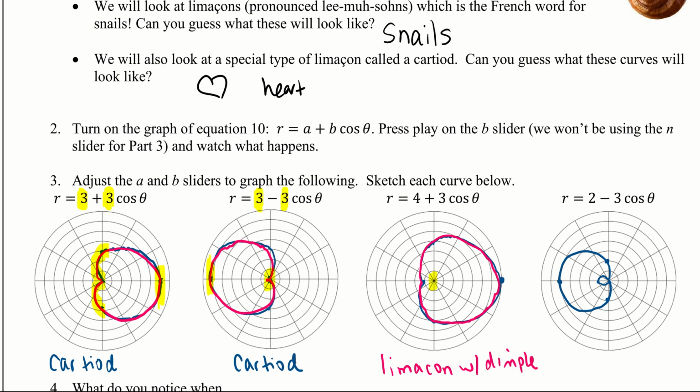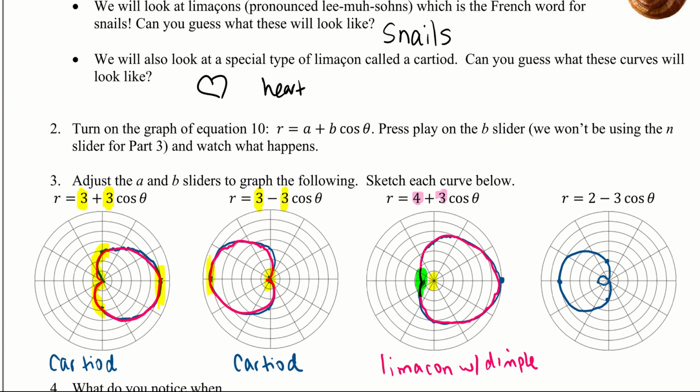The snail-shaped graph. Limaçon means snail-shaped. And it has this little kind of mild indentation here. That indentation can sometimes be pretty flattened out depending on the numbers that you end up with. But notice that this time those numbers are different from each other. In fact, the first number, that 4, is larger than the multiplier of cosine, the 3.